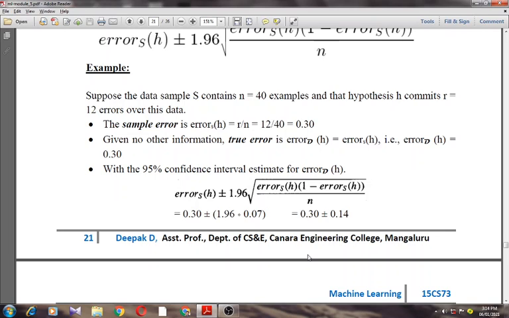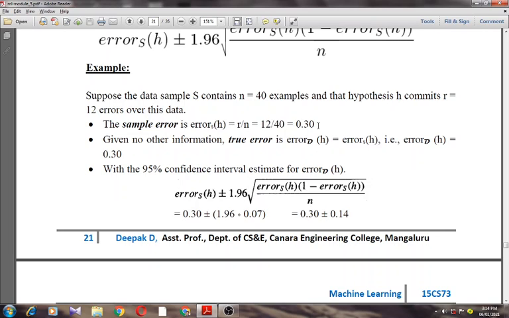So in this case, the sample error, that is error S of H, is equal to 12 by 40, which is equal to 0.30. So given no other information, the best estimate of the true error, that is error D of H, is the observed sample error 0.30. However, we do not expect this to be a perfect estimate of the true error.